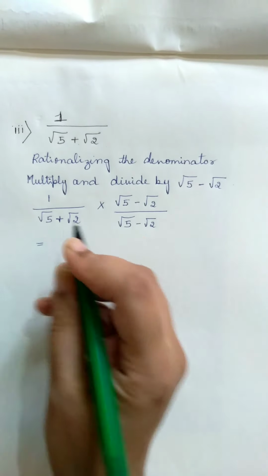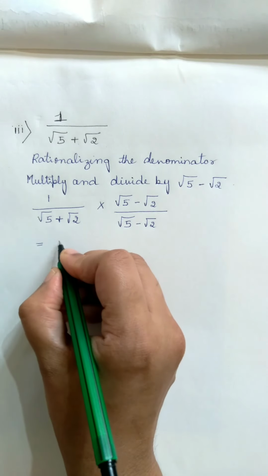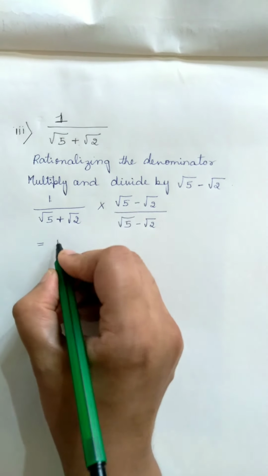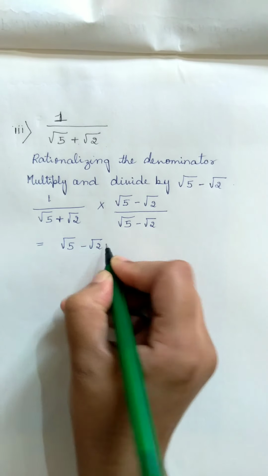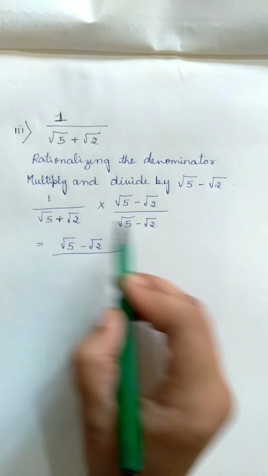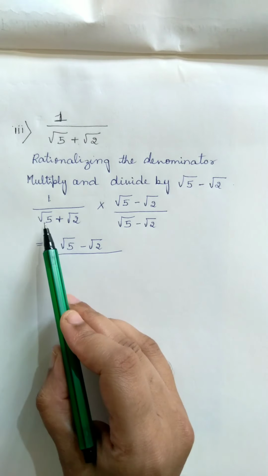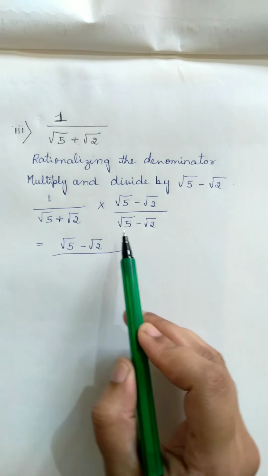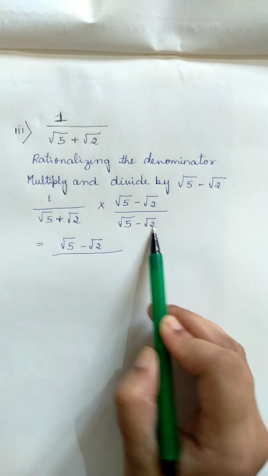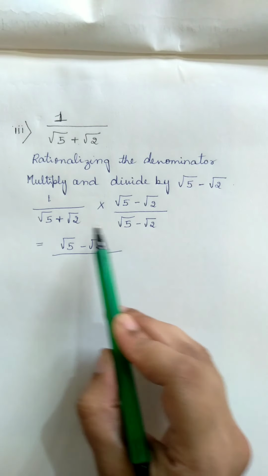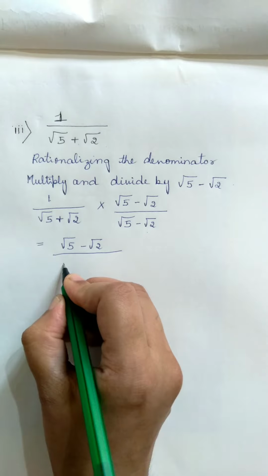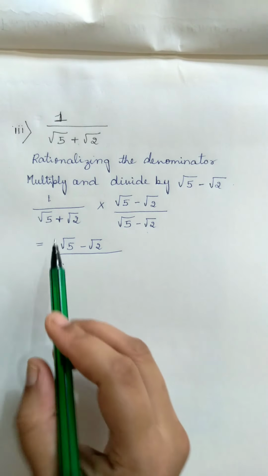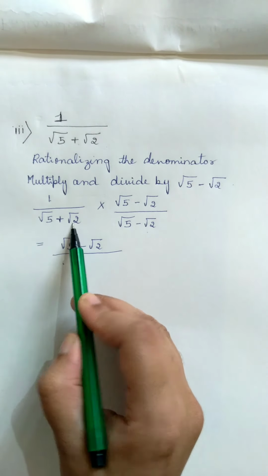In the next step, multiply the numerators. Therefore, 1 into root 5 minus root 2 will be root 5 minus root 2. Again, when you multiply the denominators, we have root 5 plus root 2 into root 5 minus root 2. This is in the form of a plus b into a minus b, which is equal to a square minus b square, where a is root 5 and b is root 2.